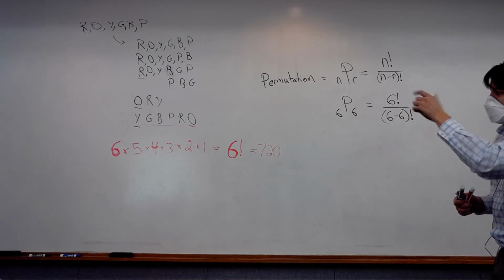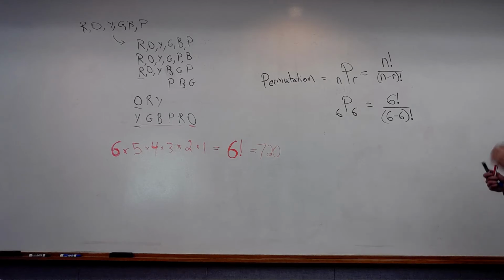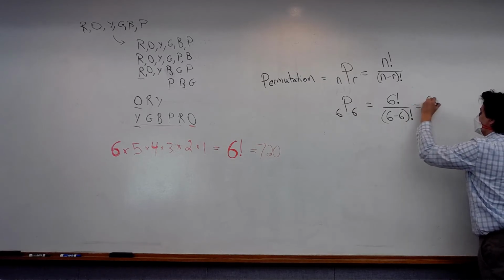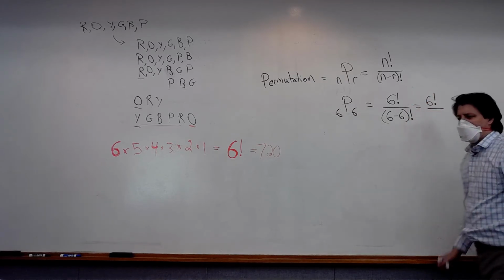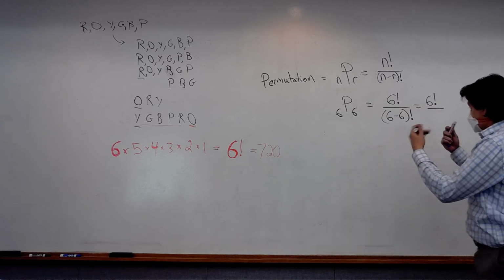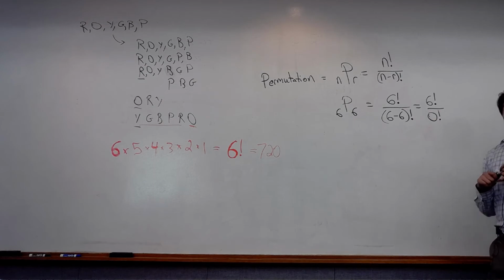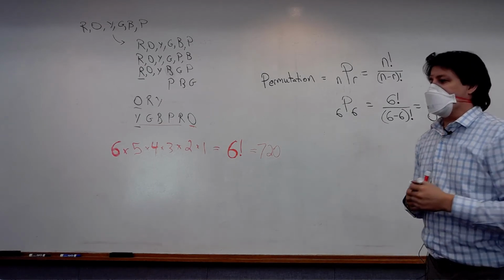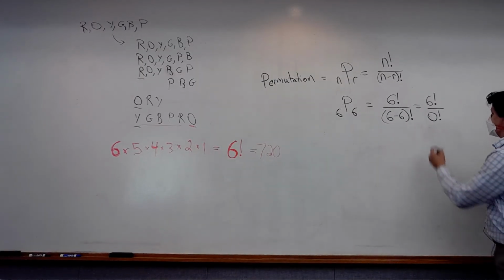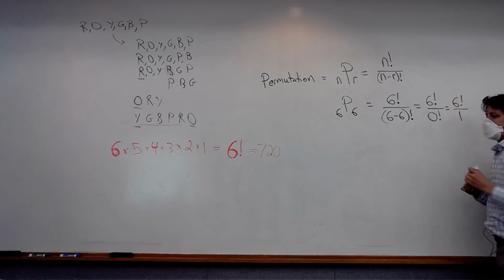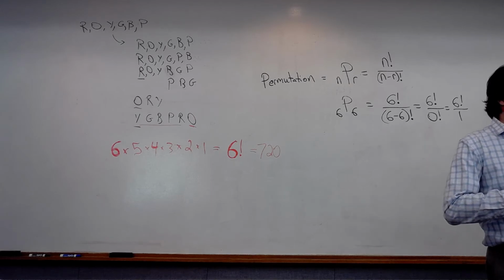Okay, and we'll see an example here in a moment of what the difference is. And in this case, so 6 factorial over 0 factorial. Okay, 0 factorial, you might have to just kind of memorize this, but this is 1. 0 factorial is 1 mathematically, okay?